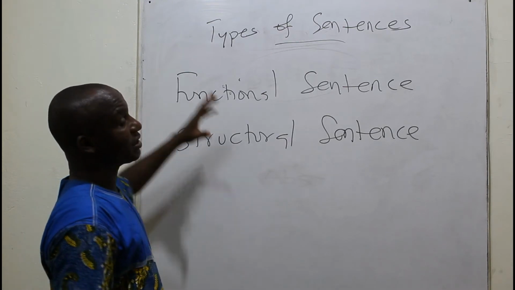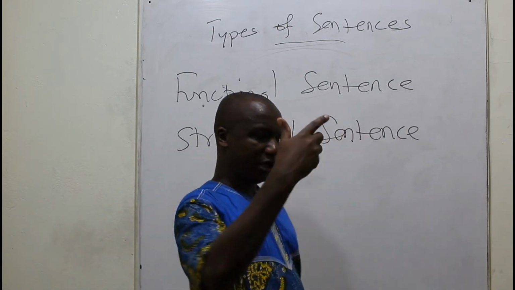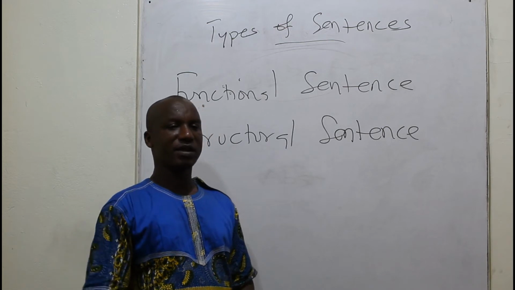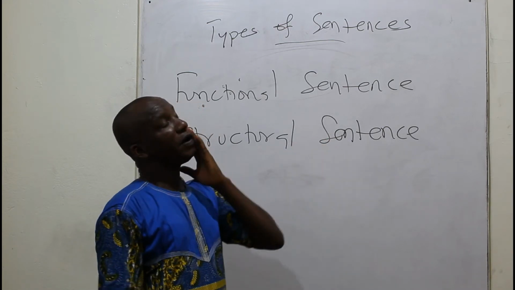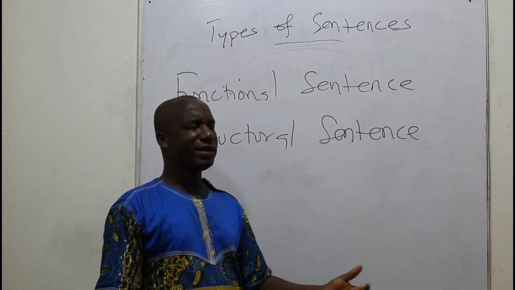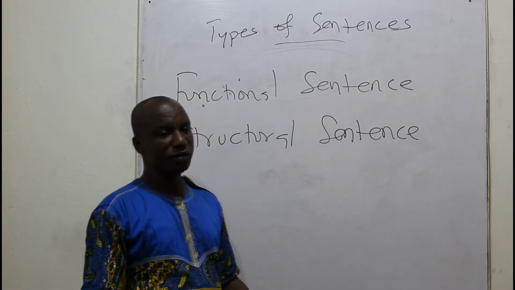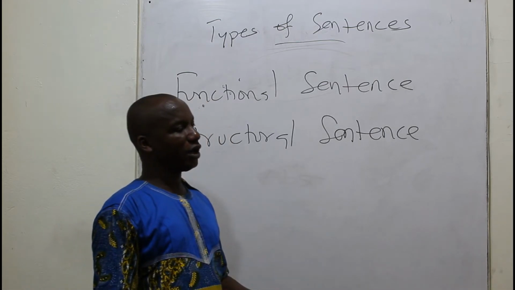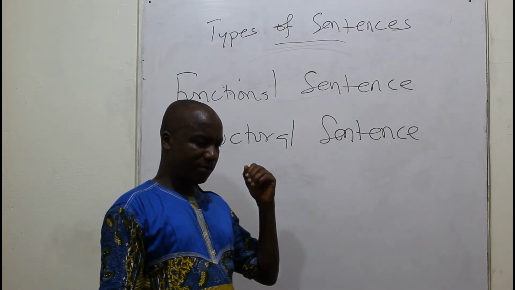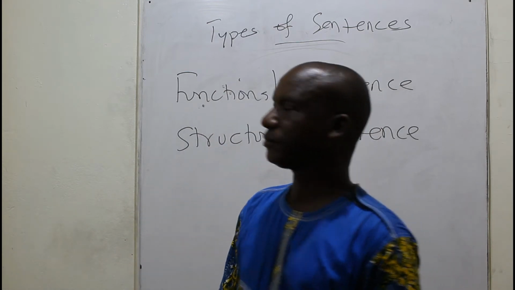The functional sentences are those that we use daily, every day. They are the daily use of the sentence. So every day we ask questions, we make a statement, we make a request, or we give commands, and we also make a sign, that is the exclamation.